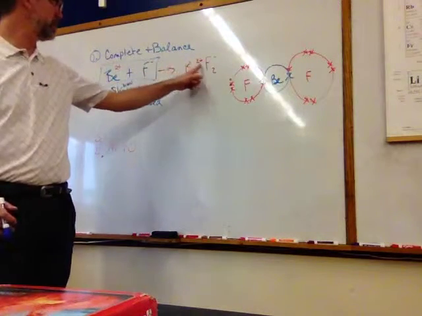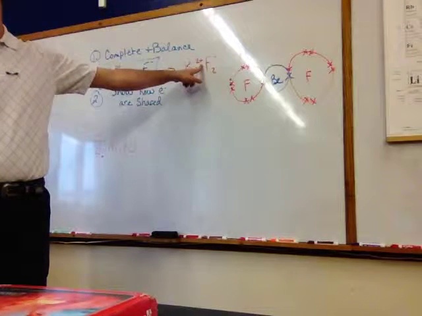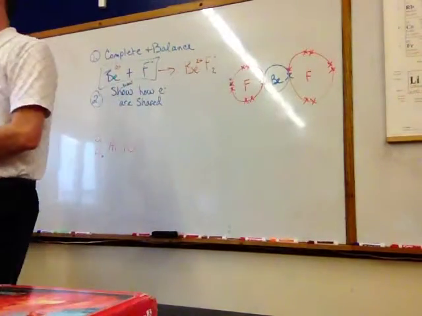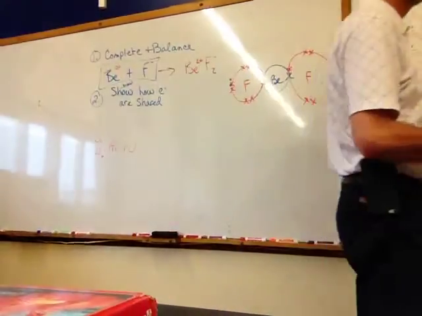So beryllium has an oxidation number of 2+, which means it has 2 valence electrons. Fluorine has how many valence electrons? 5? Nope. Wait, 17. Thanks for playing.